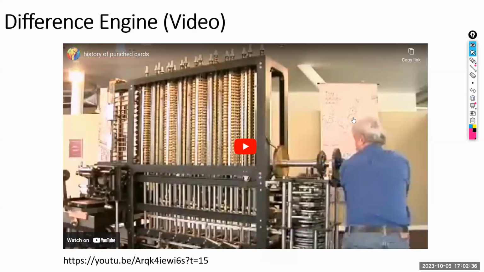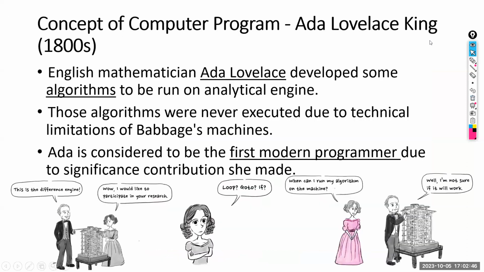So the next important milestone is tightly related to Babbage's difference engine and analytical engine. That is Ada Lovelace-King, Ada King, another English mathematician. She helped Babbage by writing some algorithms.